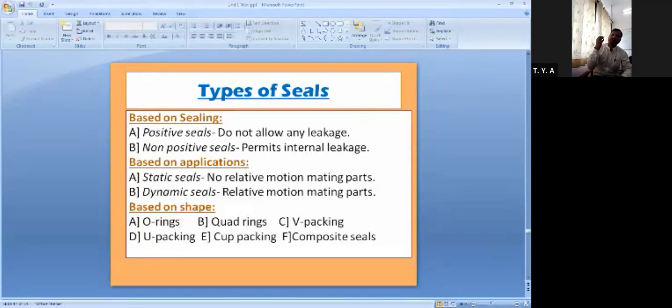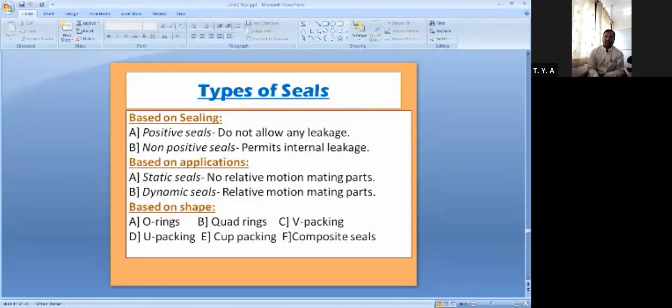Whatever internal leakage or external leakage there may be, positive seals are not allowing any leakage. So based on sealing, this is the first type. On the other hand, non-positive seals permit a small amount of internal leakage.